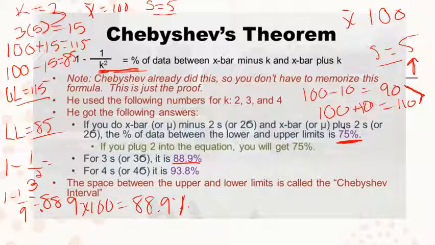And if you decide to use 4 standard deviations, then you will always get 93.8% regardless of what is in your data set. Of course, you'll have to do the math to figure out your upper and lower limits, but the percentage of the data between them will always be the same.